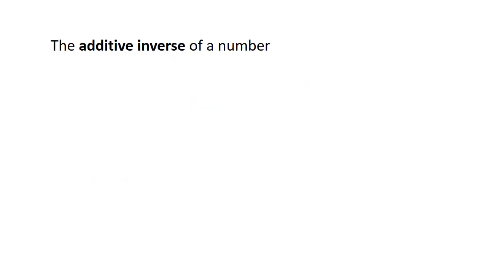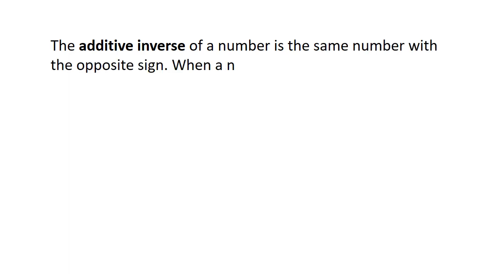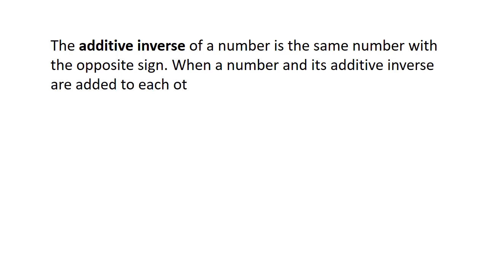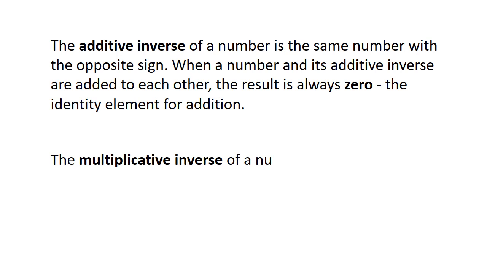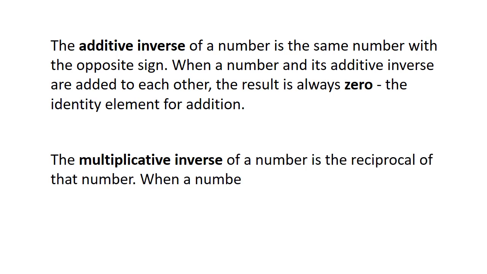The additive inverse of a number is the same number with the opposite sign. When a number and its additive inverse are added to each other, the result is always 0, the identity element for addition. The multiplicative inverse of a number is a reciprocal of that number.